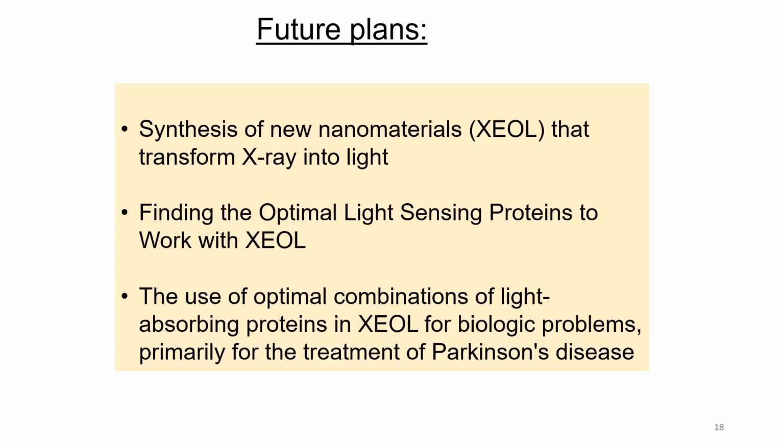And the main idea is that we need to use the optimal combination of particular nanoparticles and particular opsin for a particular neural disorder, not only for Parkinson's disease, but maybe for something else. We are thinking about epilepsy because deep brain stimulation can be used and it's usable for the treatment of hard epileptic seizures too.